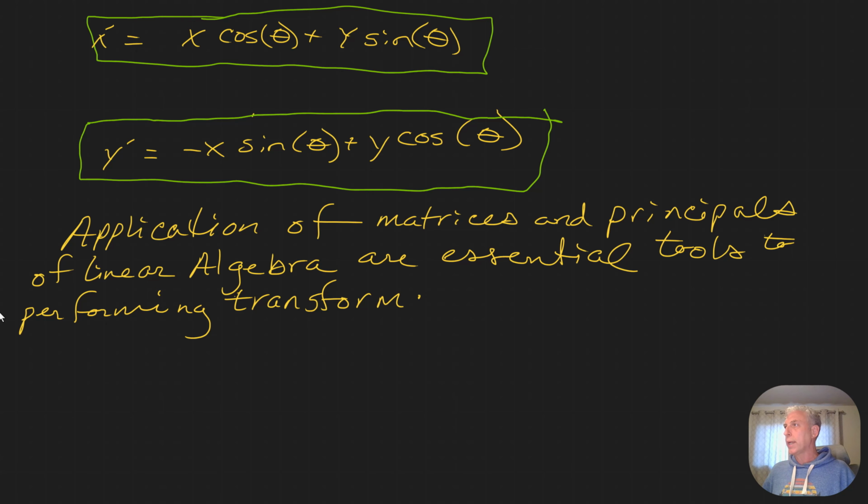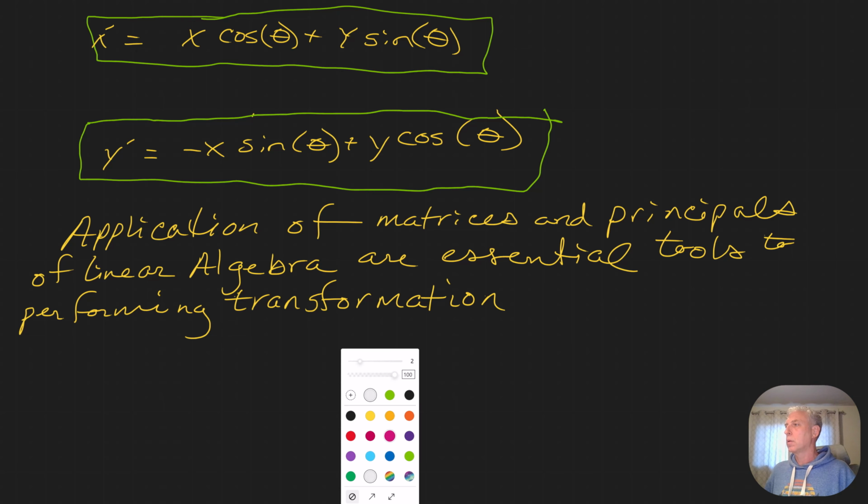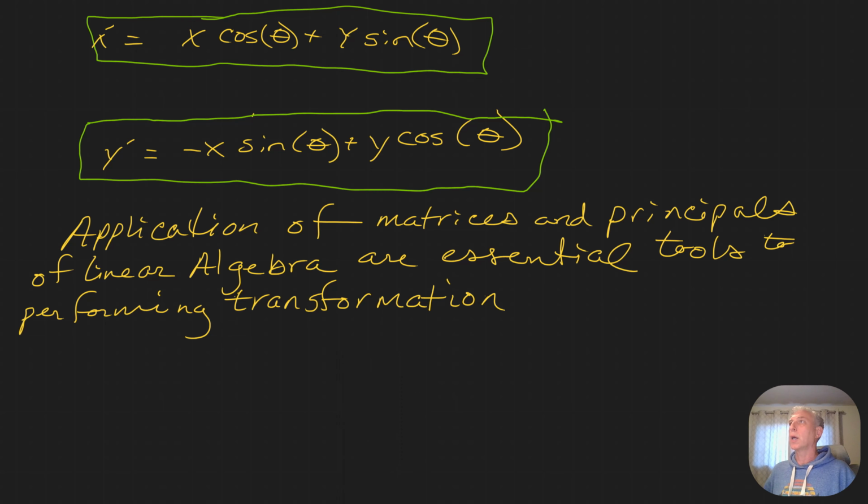So if we look at, let's start with just what we have so far. If we look at our two formulae that we came up with, we have our x prime and our y prime here. We have our cos theta, sine theta as functions, and with that we have these functions.